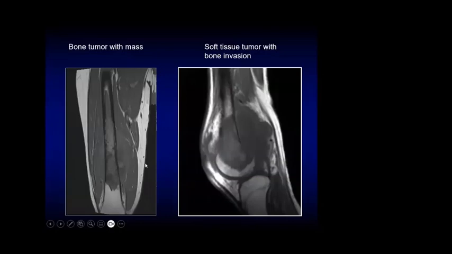So always make sure, when you are describing tumors with a soft tissue component, whether the tumor is arising from the bone with an extraosseous mass, or it's a soft tissue tumor with bony involvement, because these are two different pathologies.